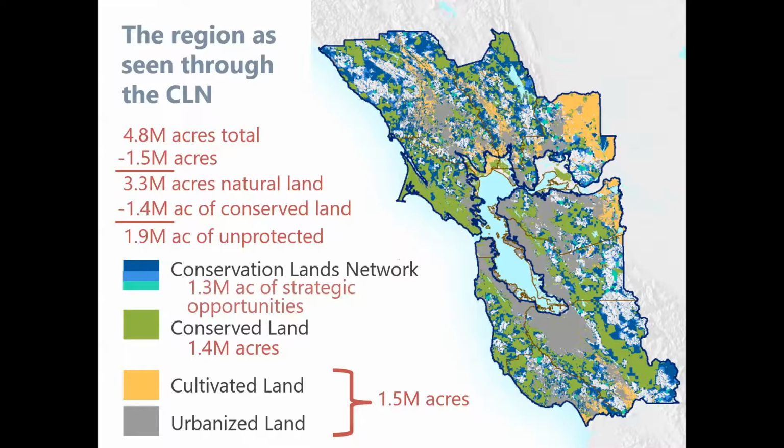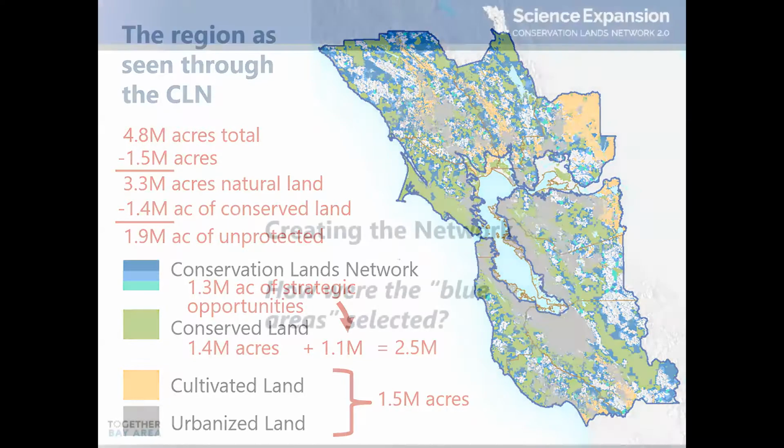And so the idea is those blue areas that you see on the map, and there's a couple of shades of blue there, I'll get into in a second, offer about 1.3 million acres of strategic opportunities to add 1.1 million to get to our goal of 2.5 million acres. So that is the 30,000 foot perspective of the CLN as a vision that we can all get behind.